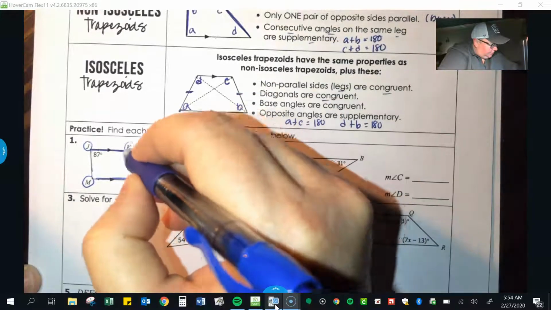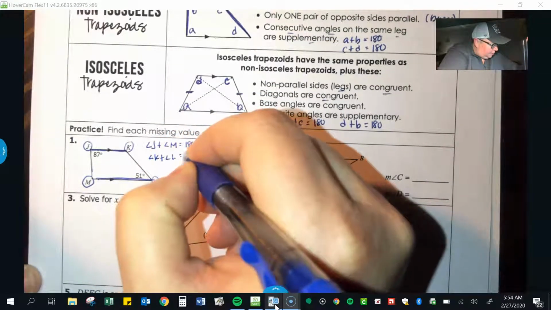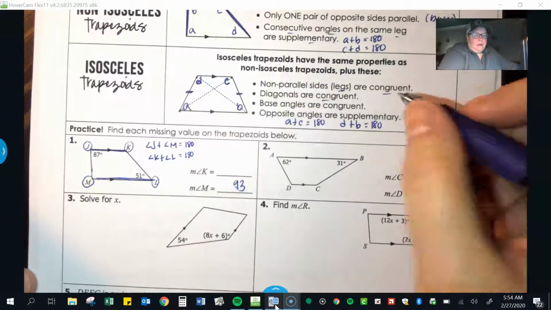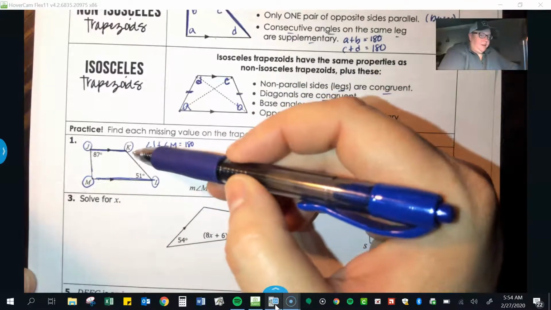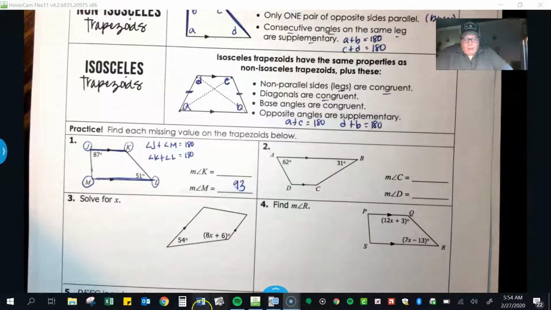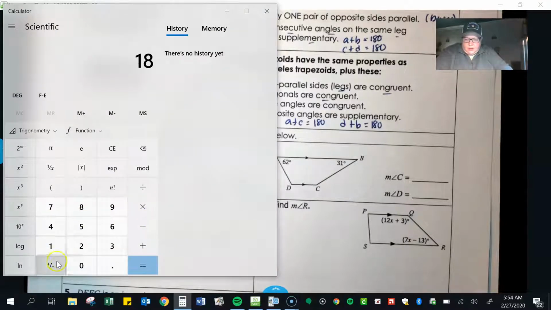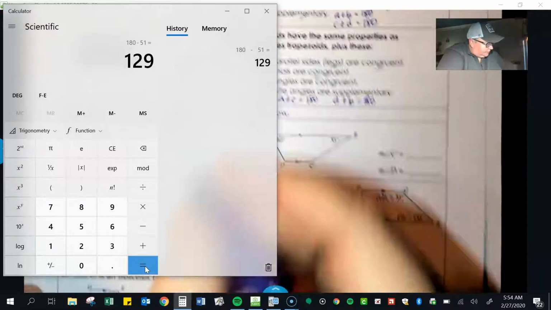Again, same thing with K and L. Angle K plus angle L is going to be 180, because K and L are consecutive angles on the same leg. So if I do 180 minus 51, let me use this calculator. I think it goes faster. Maybe not. It may just be me. I don't know. It's 129.